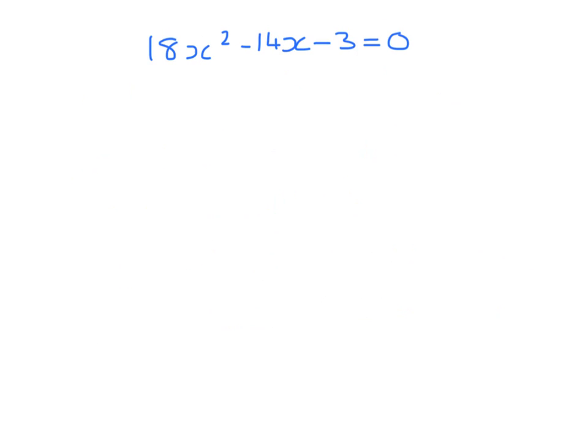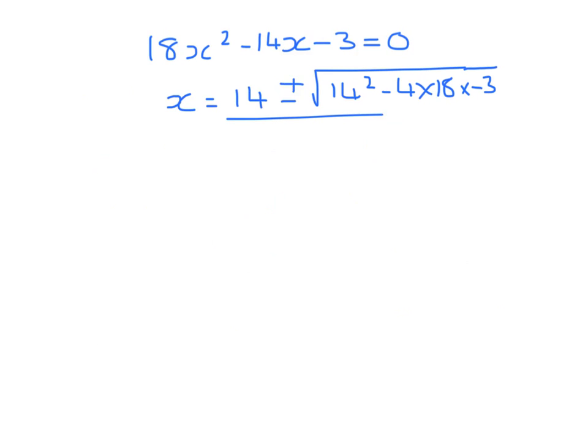Using the quadratic formula, we know that x equals minus b plus or minus the square root of b squared minus 4 times a times c all over 2a. The first answer that gives us is 0.95, and the second answer negative 0.17.